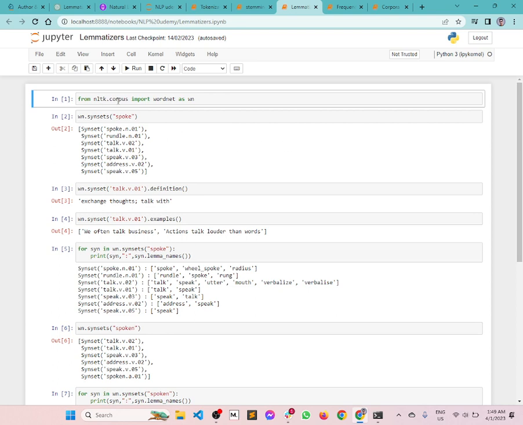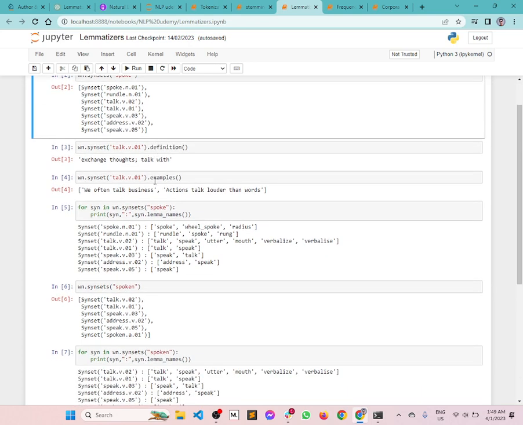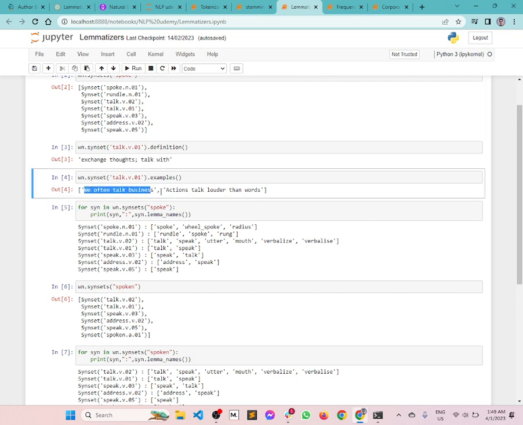So here we are using from nltk.corpus import wordnet as wn. If we call synset for spoke, then we get something like this. And then we are using talk.v.01 as the synset. On this particular site, they have "we often talk business", "action talks louder than words".